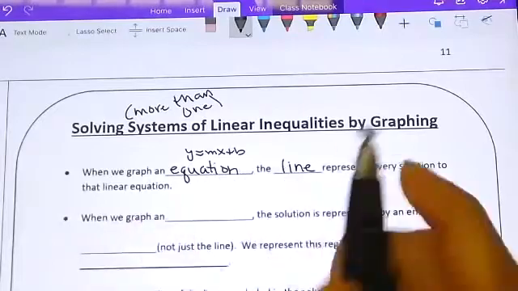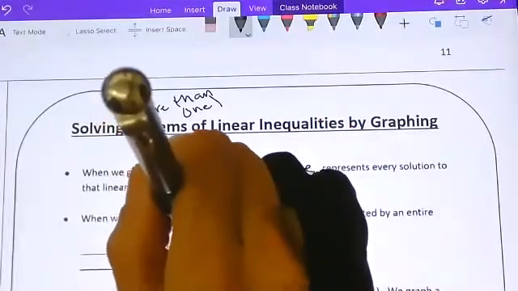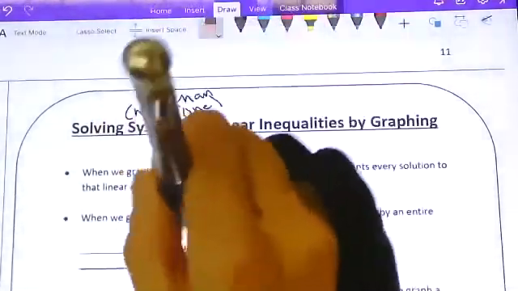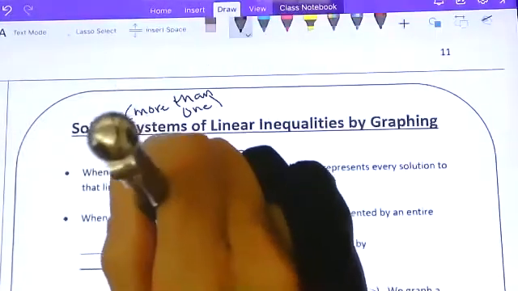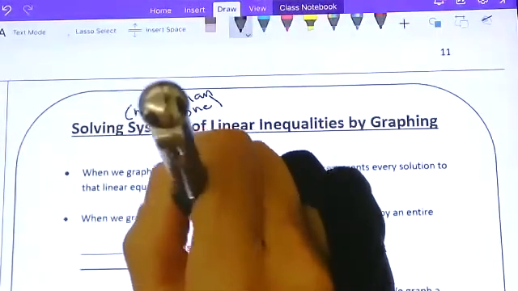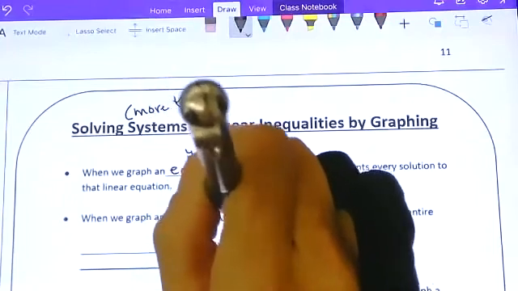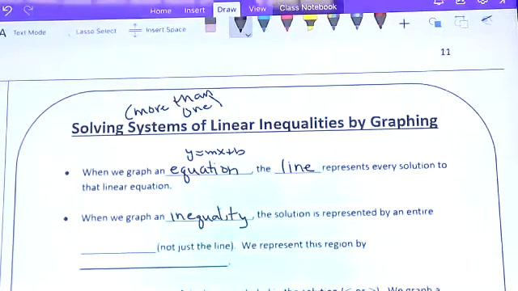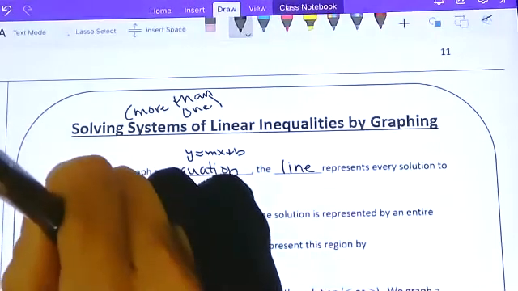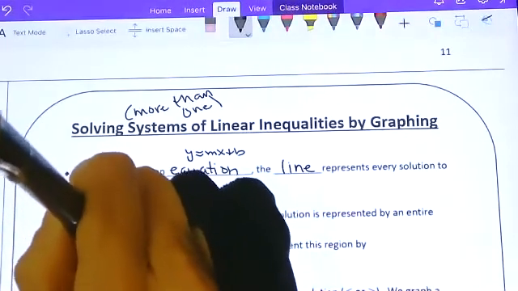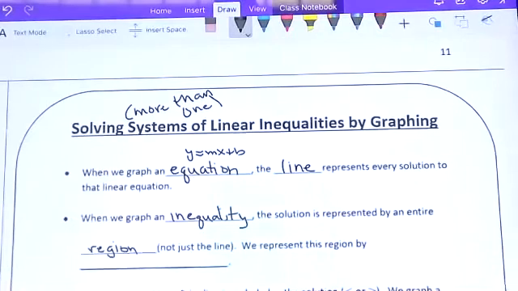When we graph an inequality, the solution is represented by an entire region on the graph. It's not just the line. The line is important because it's a boundary. It divides the graph into 2 regions.